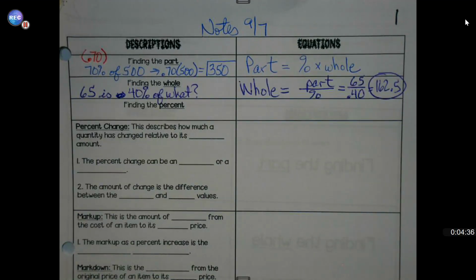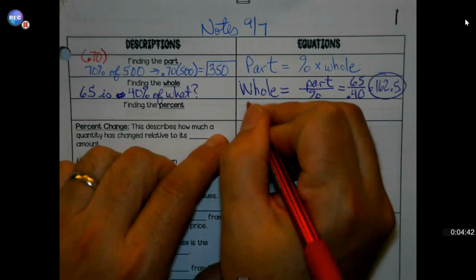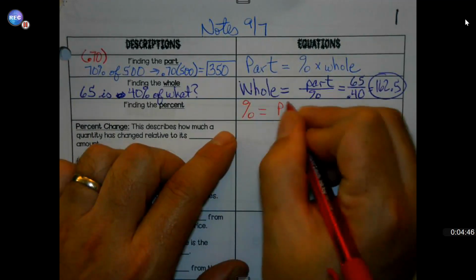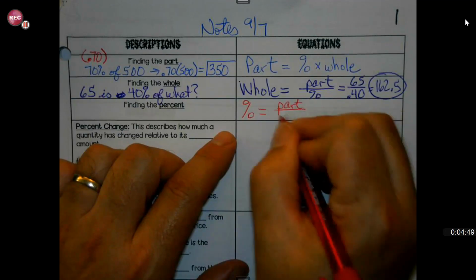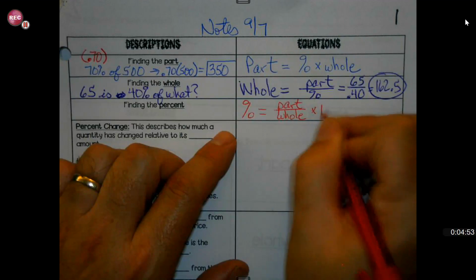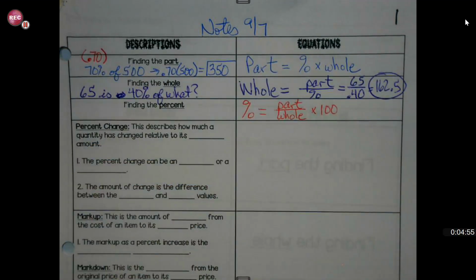And then finally, what if I'm just trying to find out the percent of the sale? If I'm looking for the percent, that's going to be the part divided by the whole times 100.